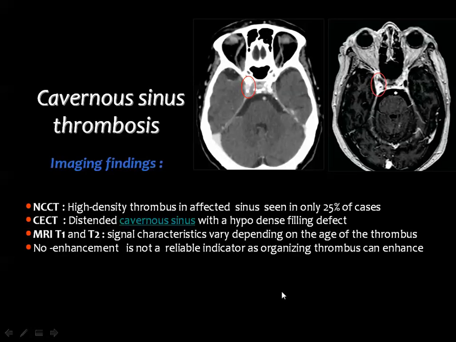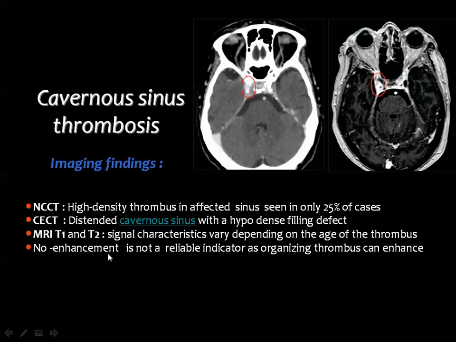And sometimes you may see high density within the sinus if the thrombus is in the subacute phase. If you inject contrast material, the sinus may be distended or enlarged with a hypodense filling defect inside.